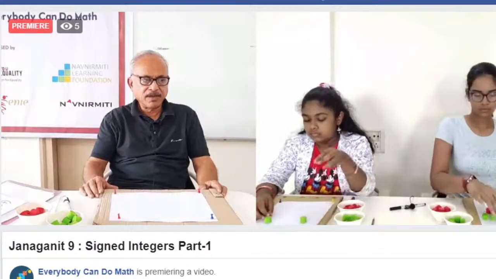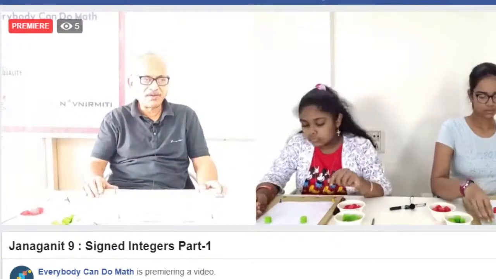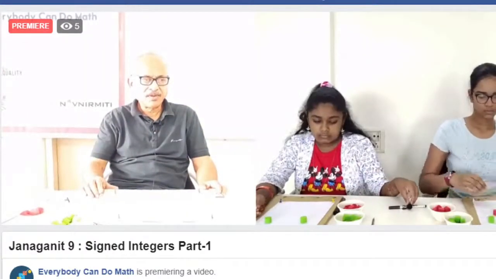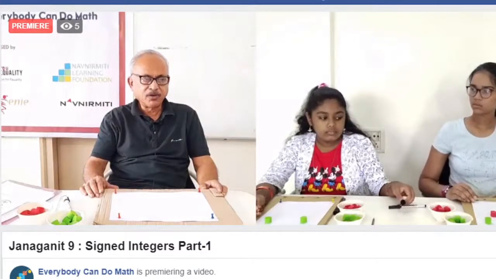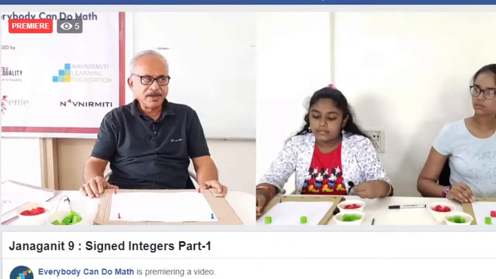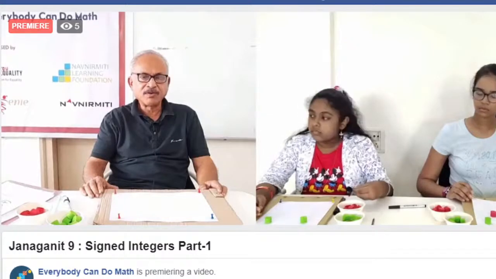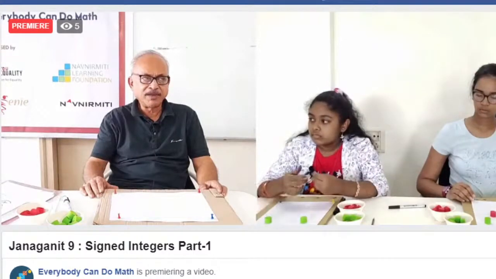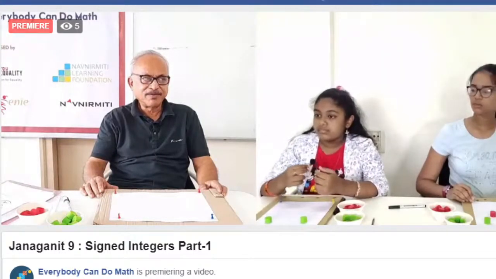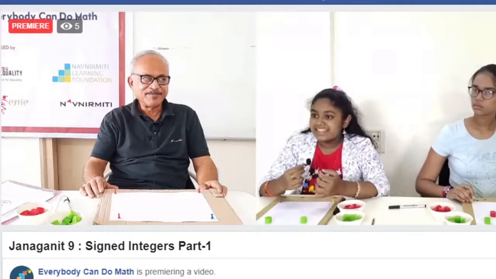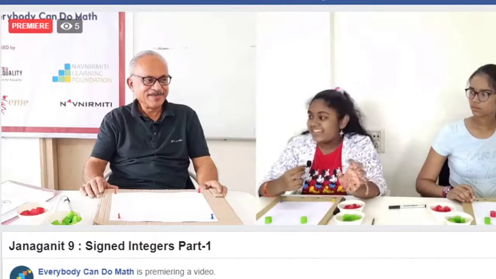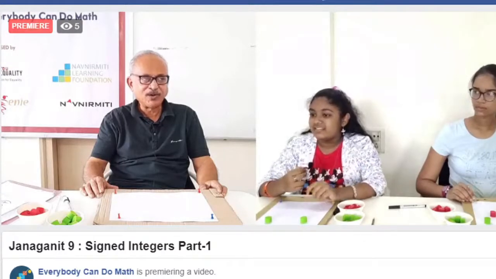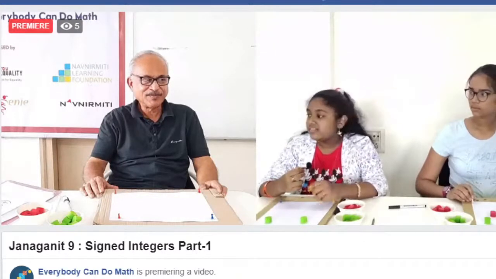Keep all the plugs separate. And now my question to you, Gyan Jyoti, is, look at Nandita's account and look at your account. Who has more money? Nandita. Nandita has more money.